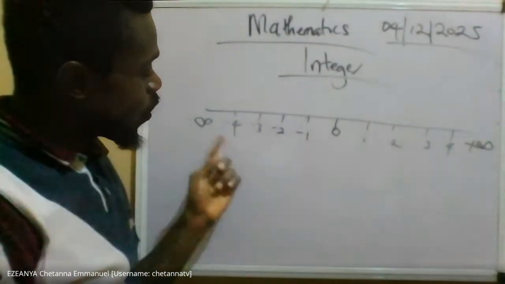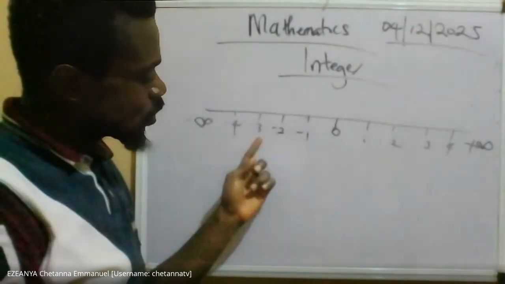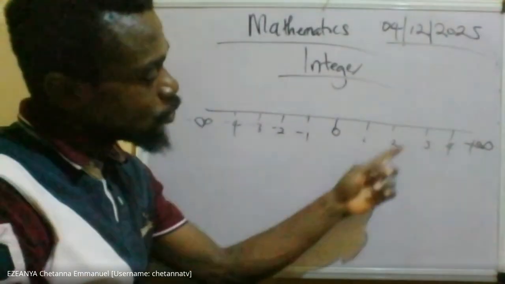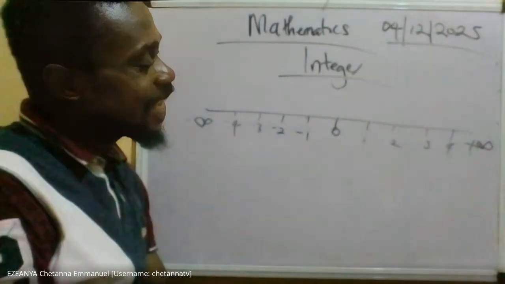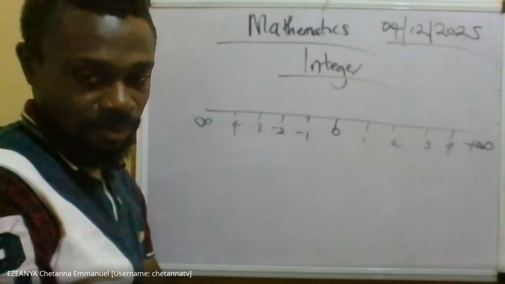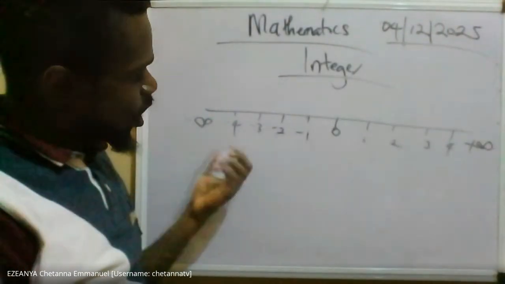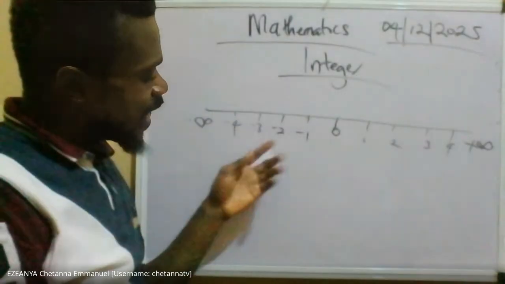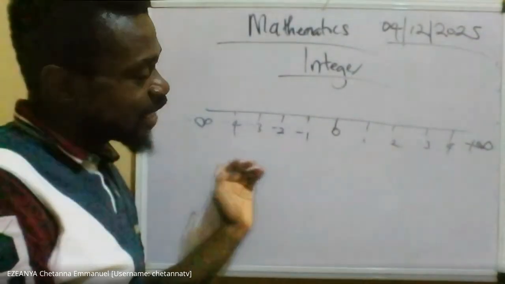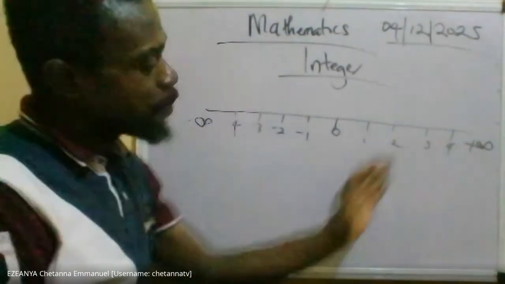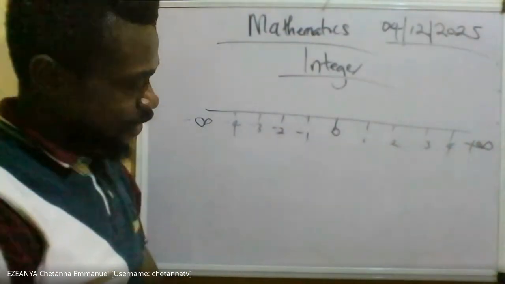All these concrete numbers are called what? Integers. The ones that have a negative sign are the negative integers. 0 is there. Then these ones are the positive integers.